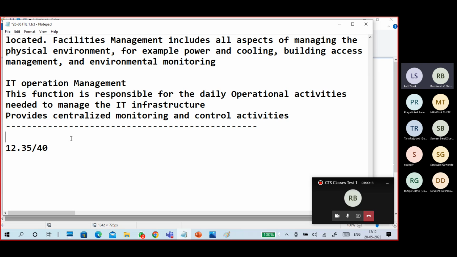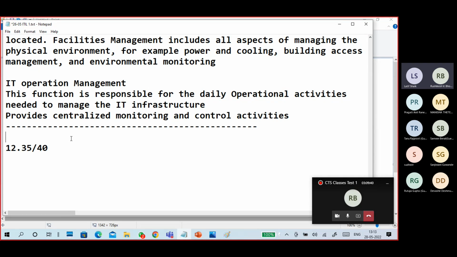So the in and out logs, everything. Managing ACs, any repairs, any physical things, air blowing kind of stuff, everything. Access management, environmental monitoring, how much temperature, humidity, power supplies, inverter connection, everything they will monitor.